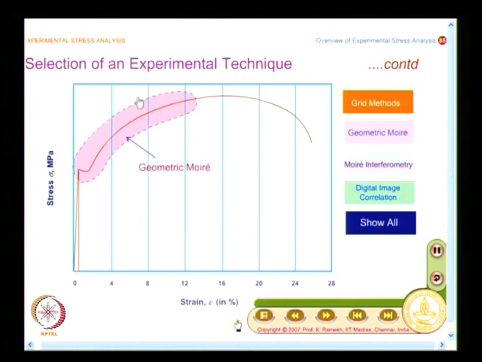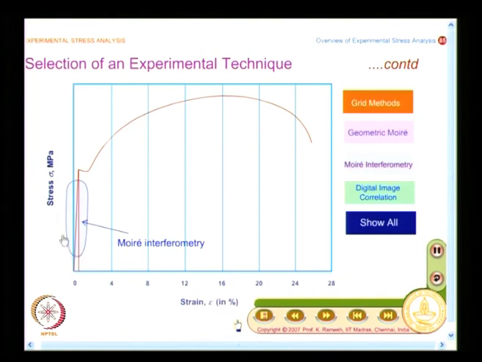This shape is for convenience, for aesthetic beauty some shape is drawn. The issue here is what is the range of strain that you are really looking at. And Moire interferometry cannot measure very small strains, it can go down, but it cannot go close to 0.